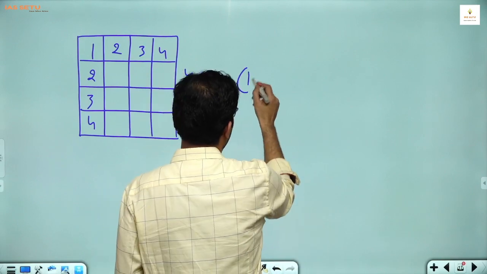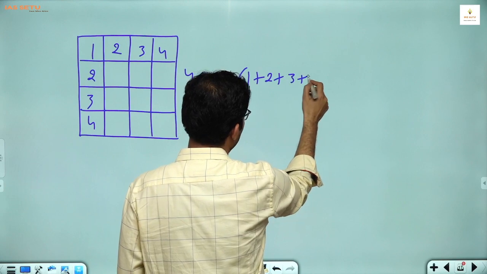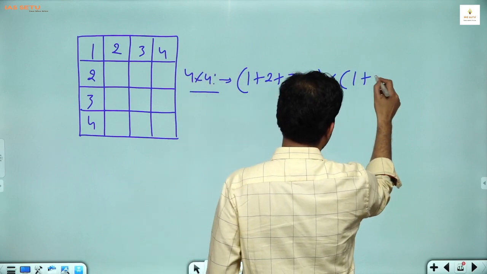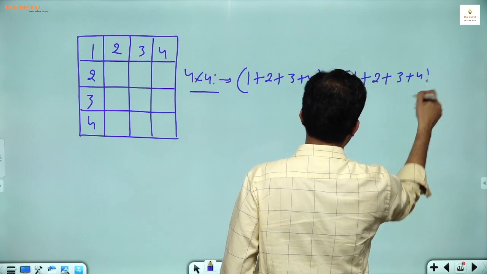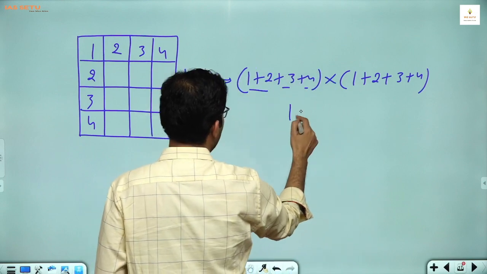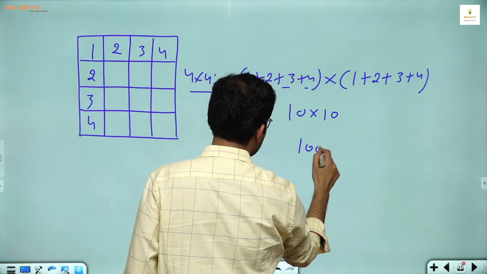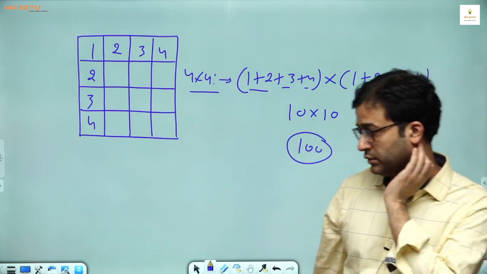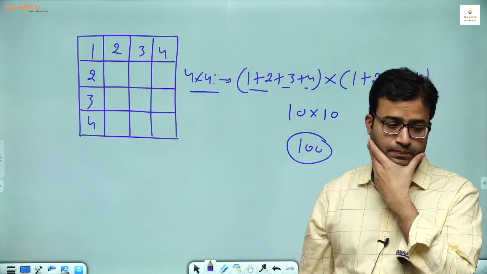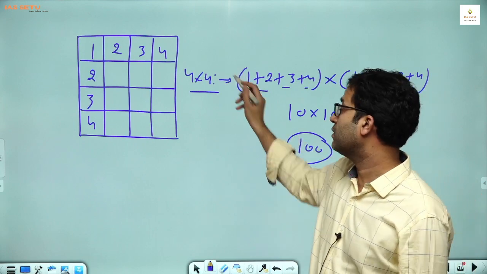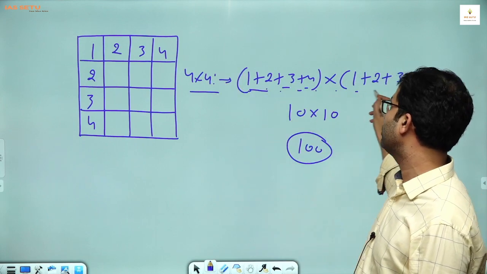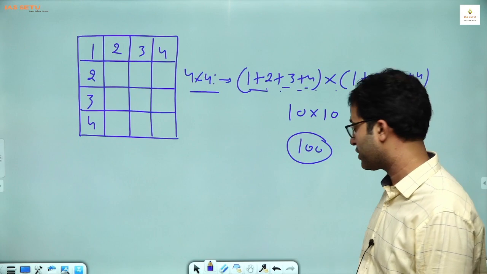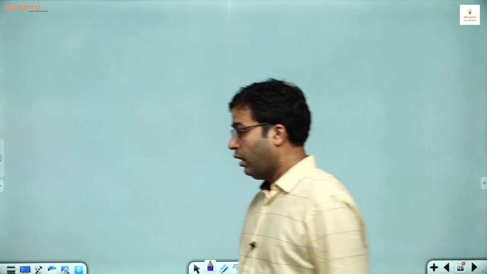Bracket start 1 plus 2 plus 3 plus 4 into second bracket start 1 plus 2 plus 3 plus 4. That is 10 into 10, 100. So in the given figure we have 100 rectangles. So for n by n, 1 plus 2 plus 3 up to n into second bracket 1 plus 2 plus 3 up to n. Now my question to you.